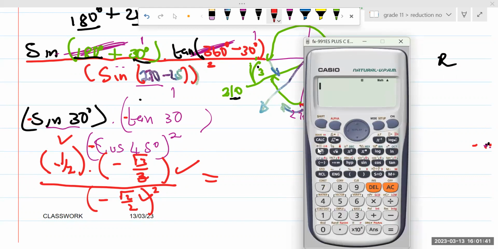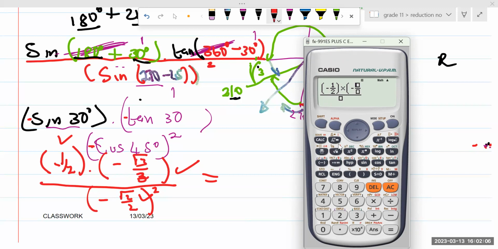Now, when you type this in your calculator, how are you going to type it? You have open bracket minus √1 all over 2, close bracket. Multiplied by, guys, it became quiet. Did you still follow what's happening?